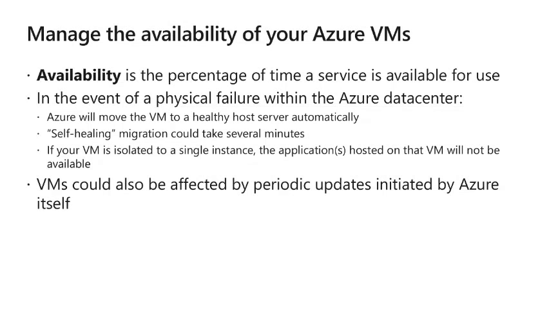Migration could take several minutes. If your VM is isolated to a single instance, the application hosted on the VM will not be available. So during this process, your application will not be available because you had only one virtual machine.